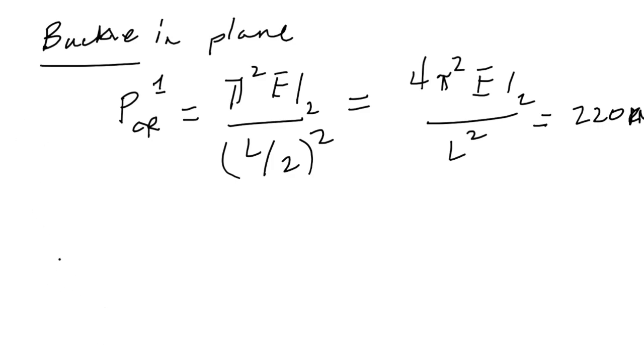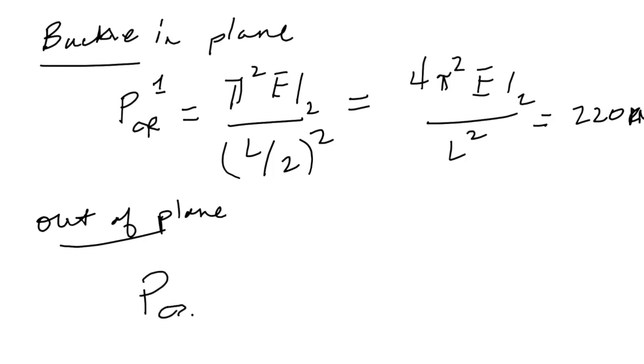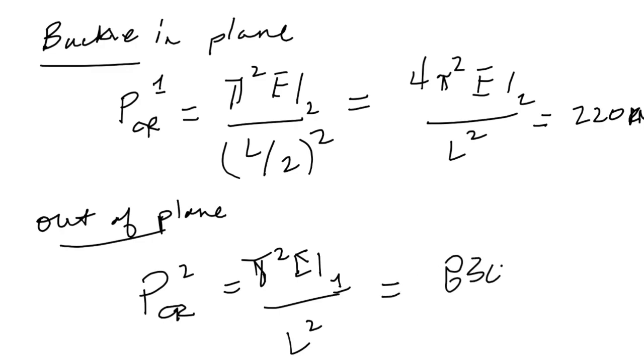Now, if we're out of plane, we have that P critical 2 is just pi squared E I1 over L squared, which is 830 kilonewtons.